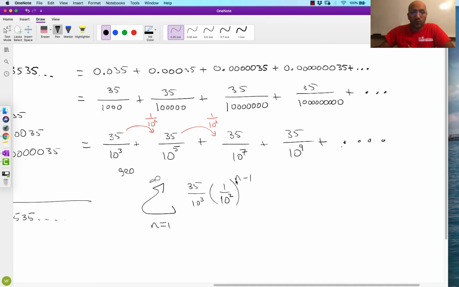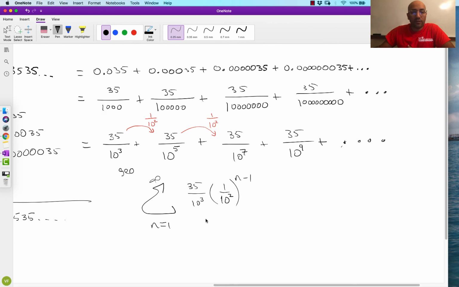Good. So when n is 1, this is 0, that goes away, that becomes a 1, so we get that first term. When n is 2, we get a 1, so this becomes the power of 1. Multiply them together, we add the exponents, that's how we get this term, and then the rest, right?